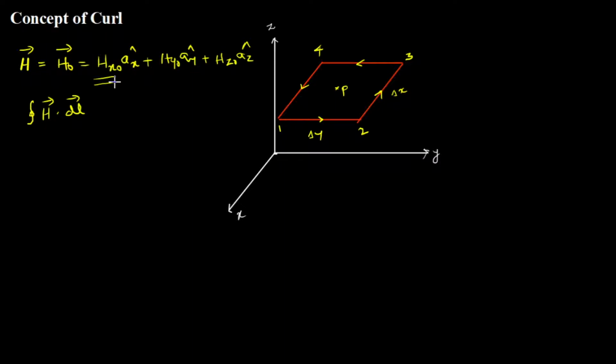Next my interest is to calculate the closed line integral of H, so that I can apply Ampere circuital law and calculate the total magnetic field intensity produced by this rotatory path. That is the idea. What is the total magnetic field intensity produced by this rotatory path? So my magnetic field intensity at point P acts as the reference.